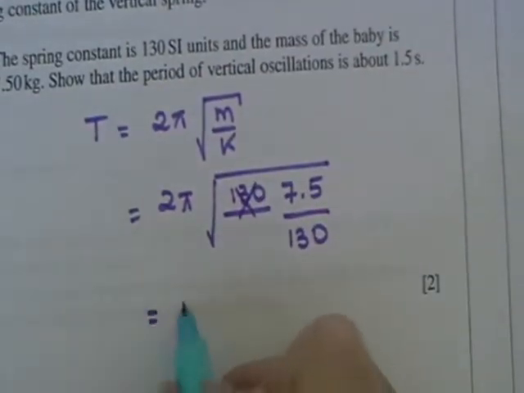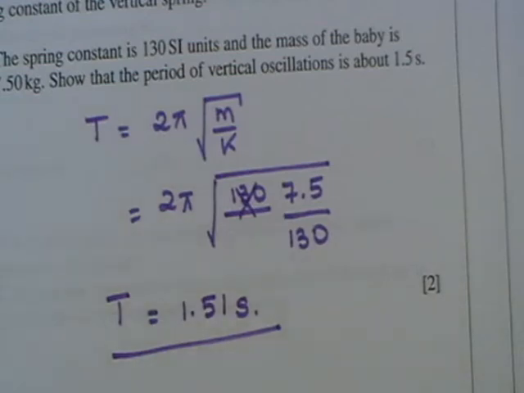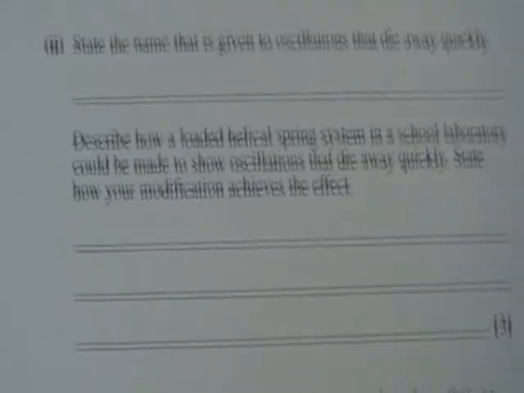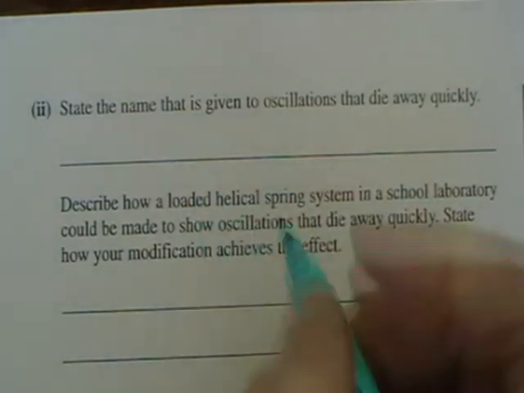And that answer comes out to be 1.509, or 1.51 seconds. So it's about 1.5 seconds, and that's correct. State the name that is given to oscillations that die away quickly. Those are damped oscillations.